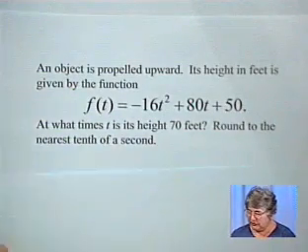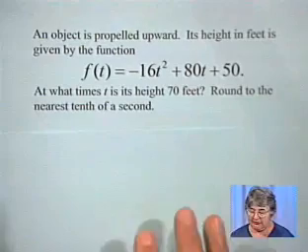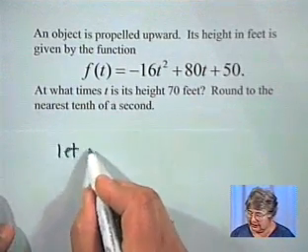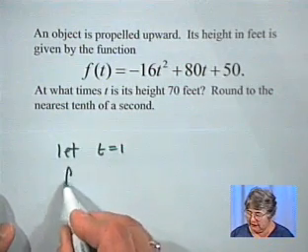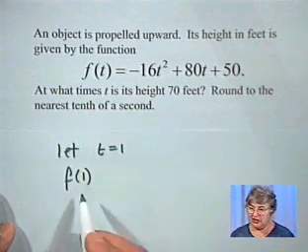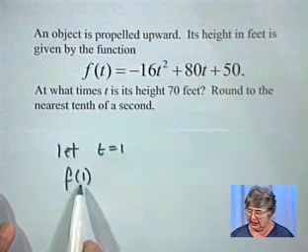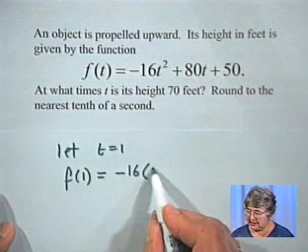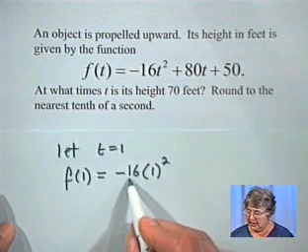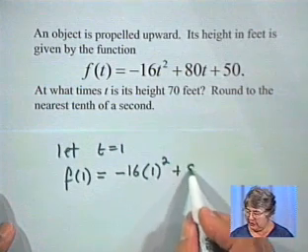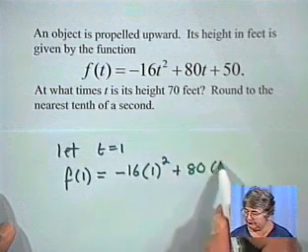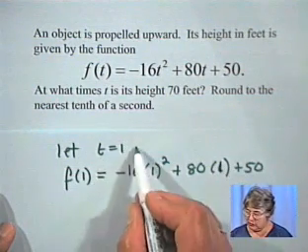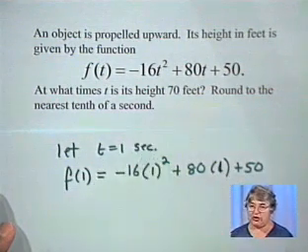Notice that with these position functions, if you give t a certain value, for example, if you let t equal 1, then f of 1, evaluating this position function, and this is a function, right? Letting t equal 1, evaluating f of 1 would mean negative 16 times 1 squared plus 80 times 1 plus 50 is the position of the object at t equals 1, and in this case we're talking about seconds.